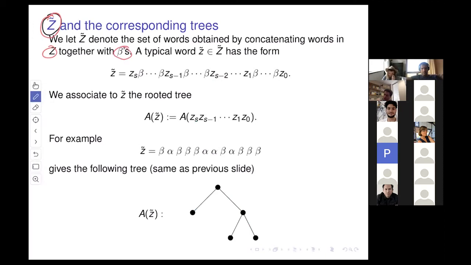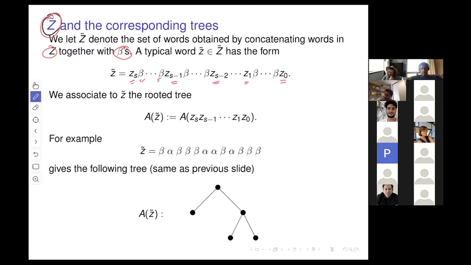So then I have words in the monoid of parentheses, and they're intertwined with a bunch of betas. Again, this is not everything, but it's just yet another approximation of the dictionary words in alpha and beta, okay?